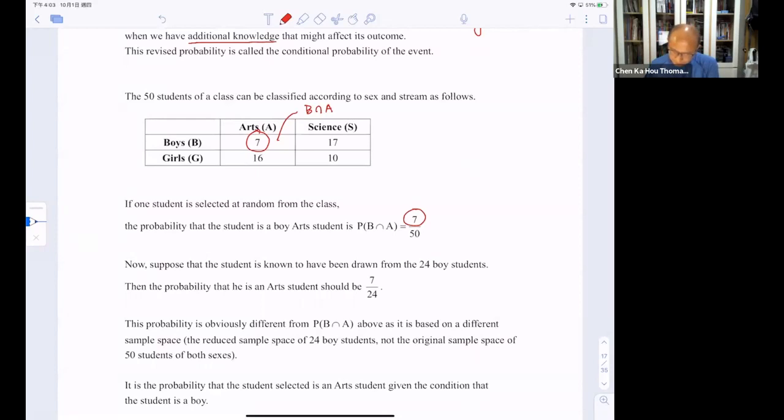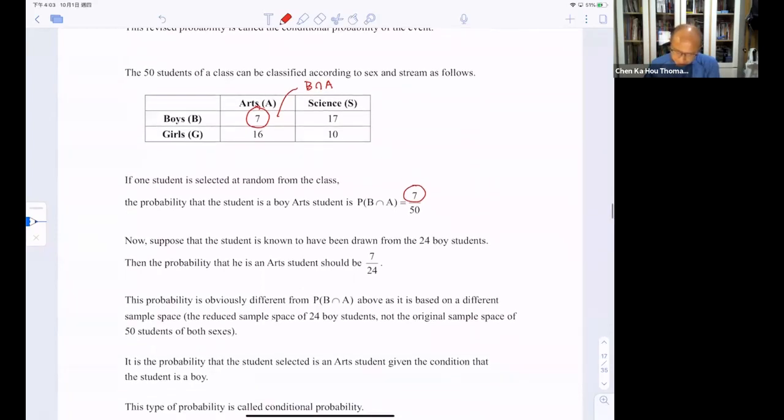Now, suppose that the student is known to have been drawn from the 24 boy students. It means that we do not choose a student from the whole class, we only choose the student from the boys group. So in that case, we only look at this row. There are 24 boys there.